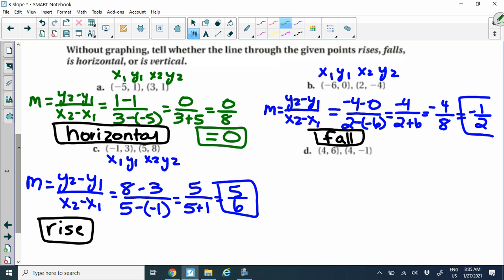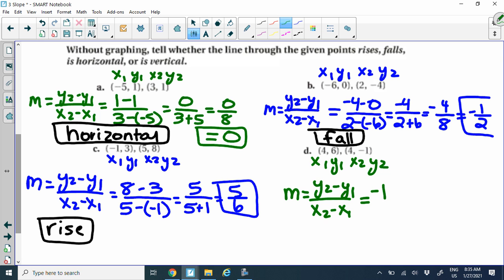Okay, let's go ahead and do the next one, our very last one, D. So we get slope. My y sub 2 is -1, and then I subtract my y sub 1, which is 6. And then my x sub 2 is 4, and then my x sub 1 is also 4.